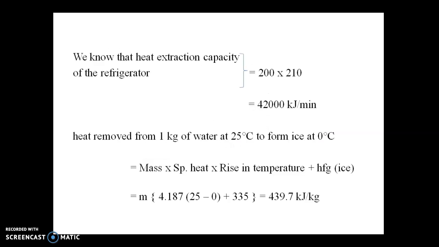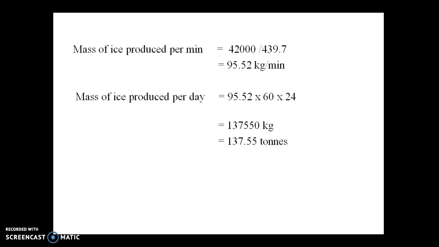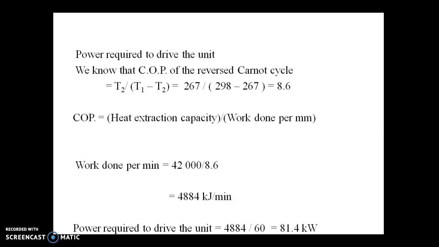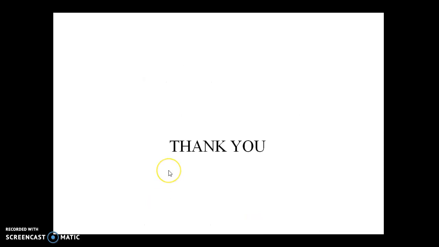Then we know the basic concept: how much amount of heat must be removed to convert water into ice, and the refrigeration capacity. We equate both equations and calculate the mass of ice produced per minute, and we convert it into per day, and we calculate the power by using the COP of the refrigerator. We use the formula and definition to calculate the COP. From the COP value, we know the work done value, the work input of the refrigerator unit. Thank you.